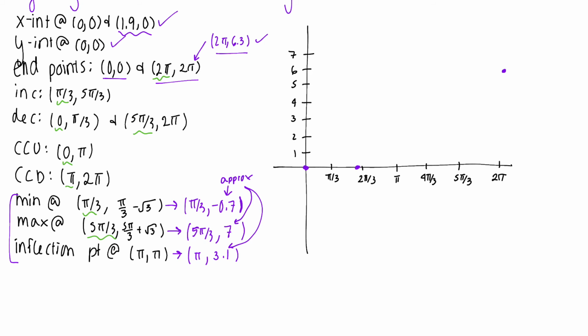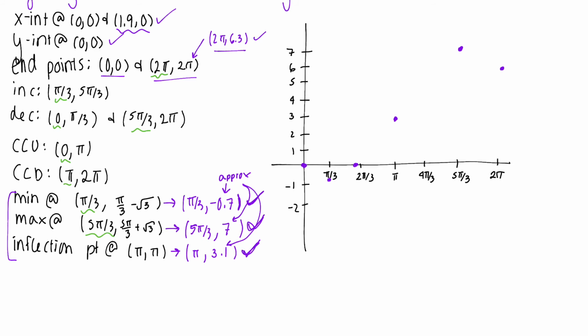So we have pi over 3, negative 0.7, somewhere in here. 5 pi over 3, 7. And pi, comma 3.1.